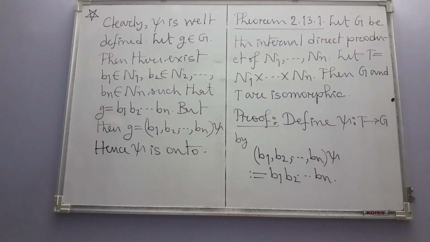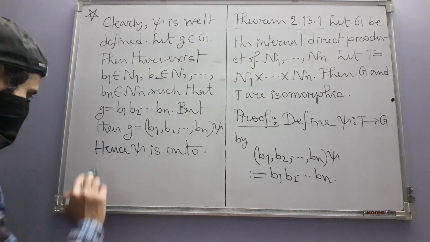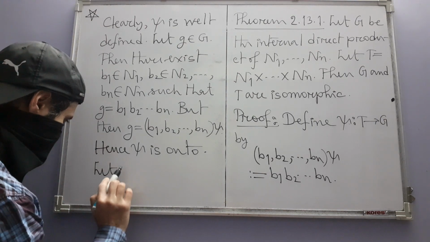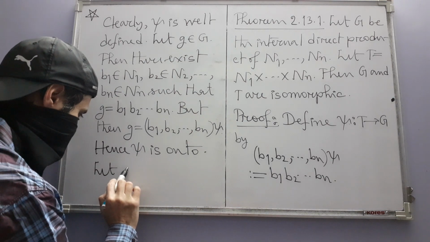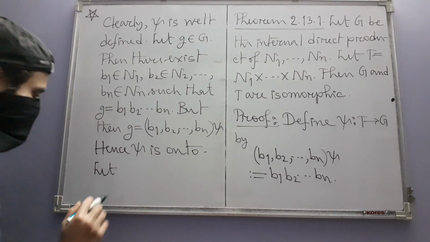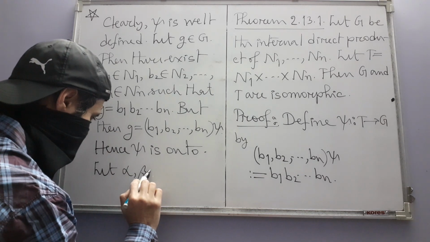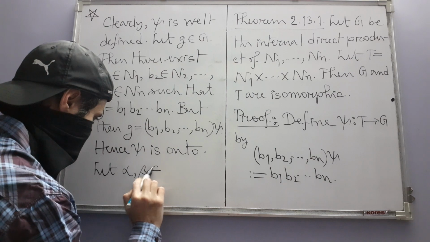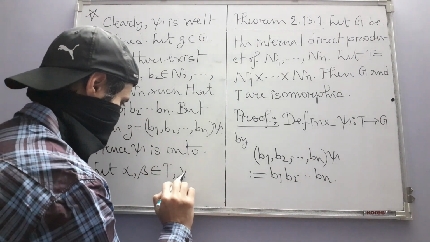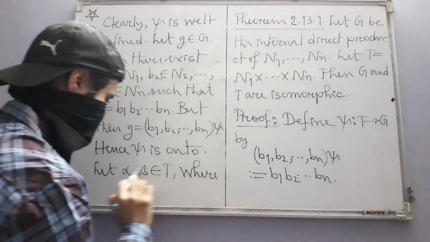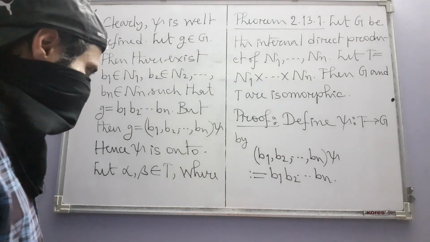Okay, next let us show that psi is a group homomorphism. Let, what can we take? We can take anything actually. Let alpha and beta be two elements in T. Well, simply writing alpha and beta is not enough because we need to write what n-tuple they are.